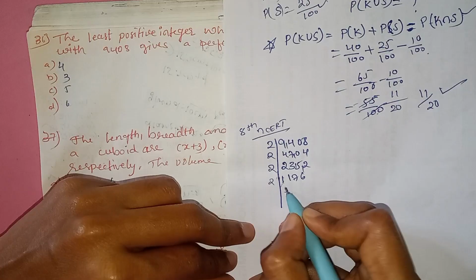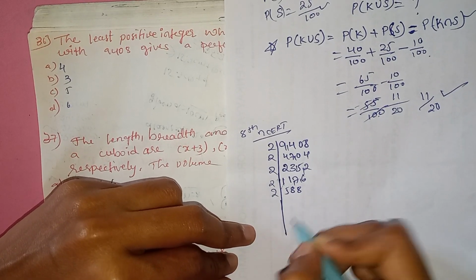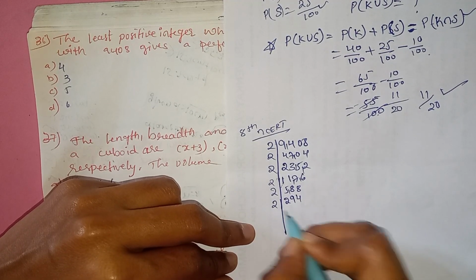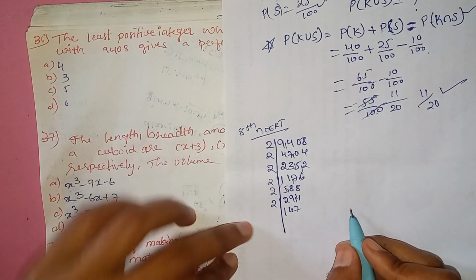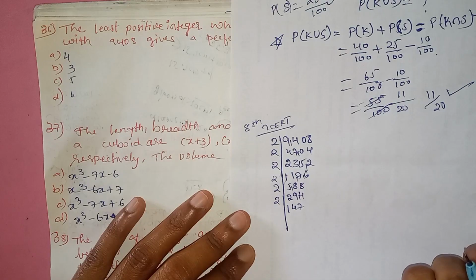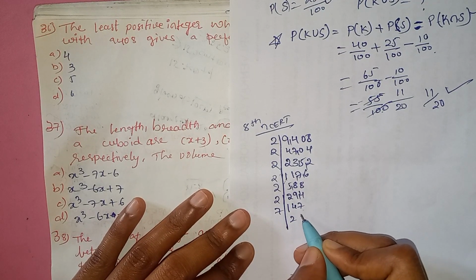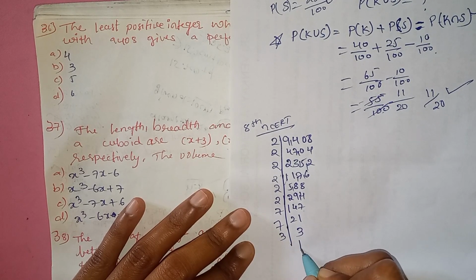Again with 2, 2 5s are 10, 1 remainder 17, 2 8s are 16. 2 8s are 16. Again 2 2s are 4, 2 9s are 18, 2 4s are 8, 2 1s are 2, 2 4s are 8, 2 7s are 14. With which number can we divide this number? 7. 7 2s are 14, and 7 1s are 7, 7 3s are 21. Again 3 1s are 3.